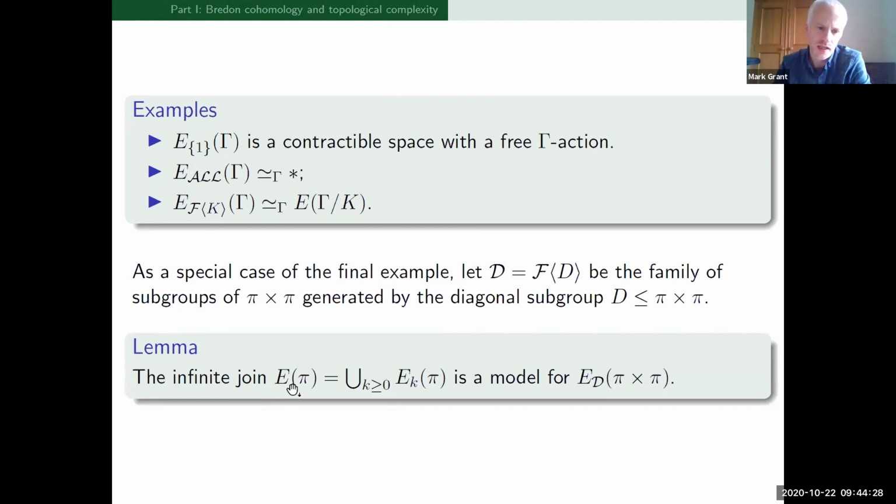So actually I should say here, the infinite join E pi with the left-right action of pi cross pi I mentioned before is a model for the classifying space for the family generated by the diagonal subgroup.